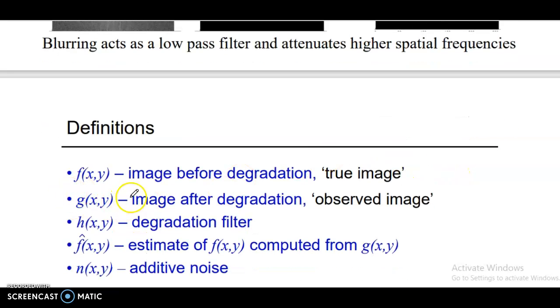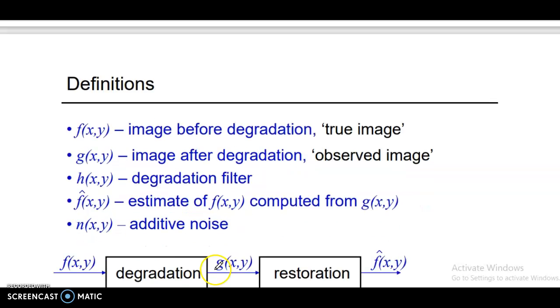Definitions: f of x,y is the image before degradation, the true image. G of x,y is the image after degradation, the observed image. H of x,y is the degradation filter. F cap of x,y is the estimate of f of x,y computed from g of x,y. N of x,y is additive noise.